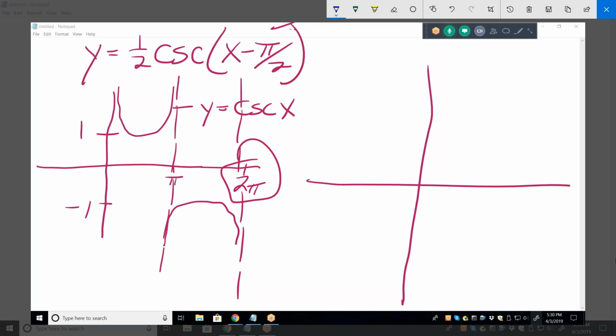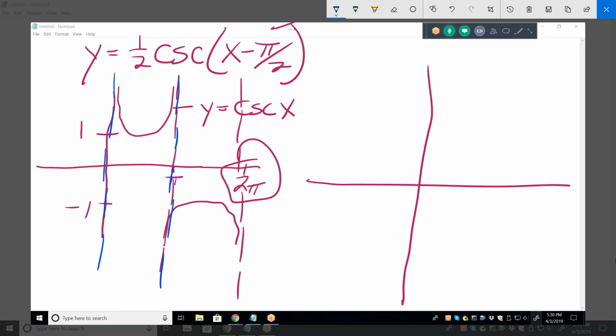What's the first thing I do? A minus pi over 2 is a phase shift in which direction? Right. So I'm going to take this asymptote that was there. In fact, I'm going to take all my asymptotes and move them pi over 2 to the right.